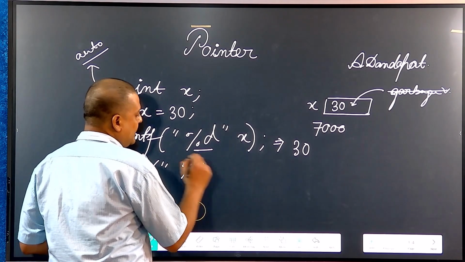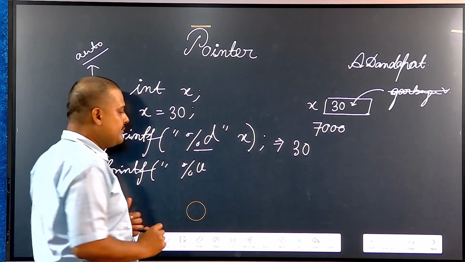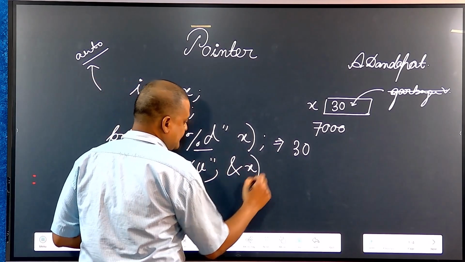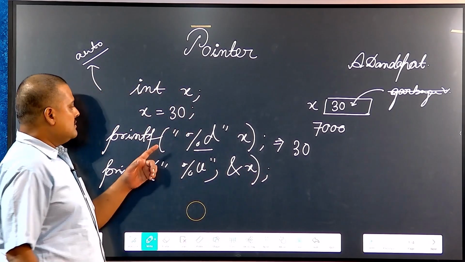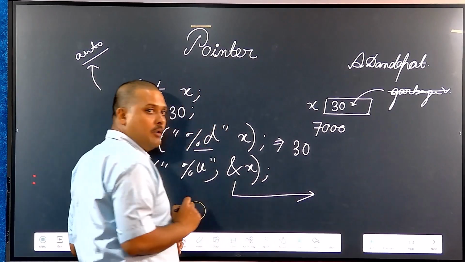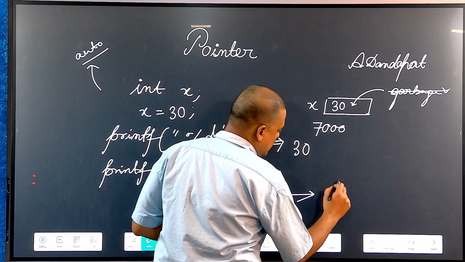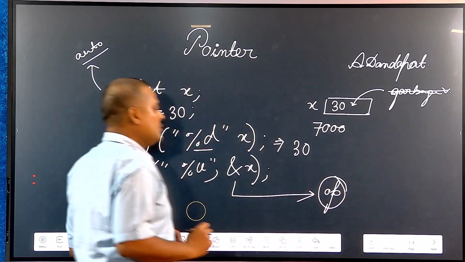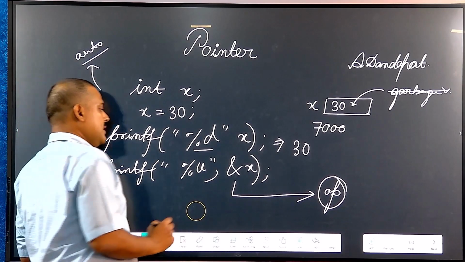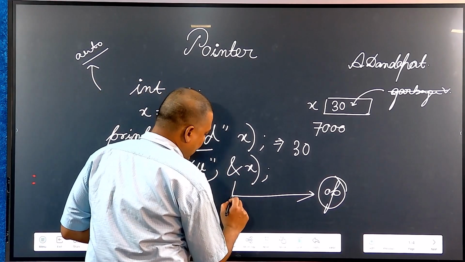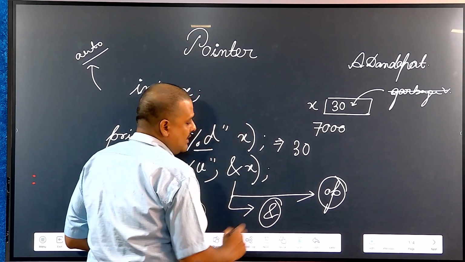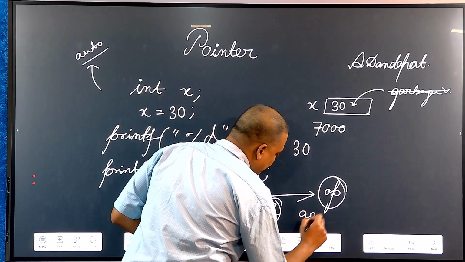So, the format that is used is %u, and we use the address of x. In this case, this particular operator is used to display the address of that particular location. So, the ampersand symbol is used for address.